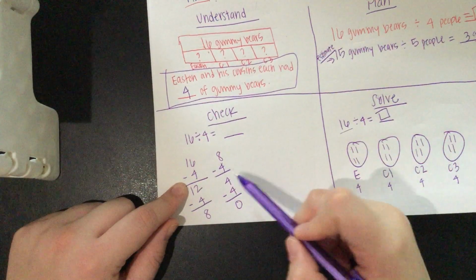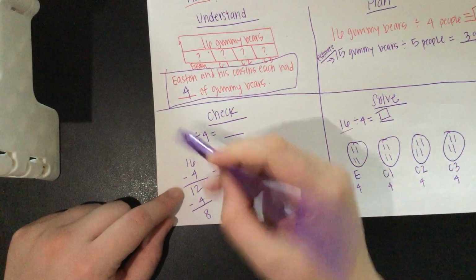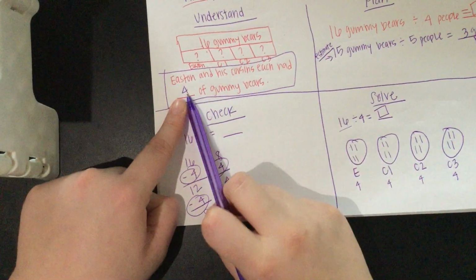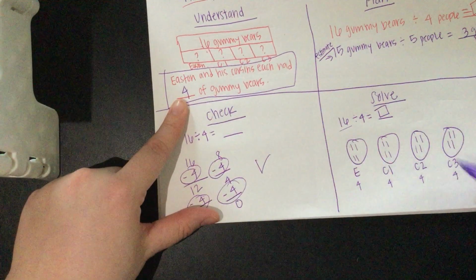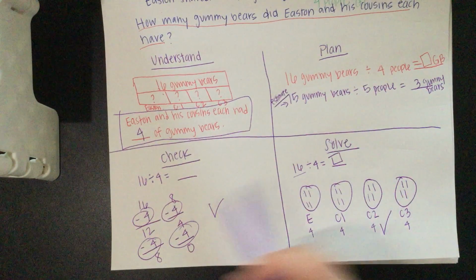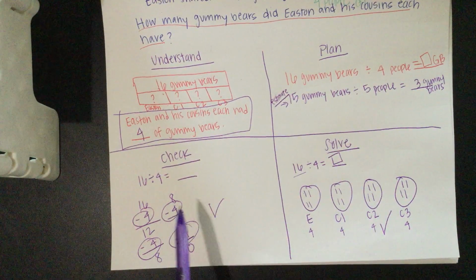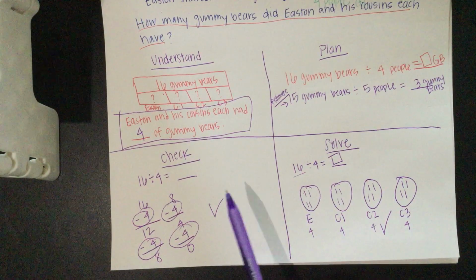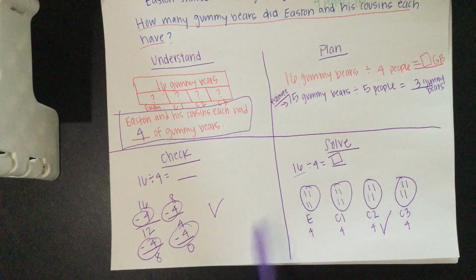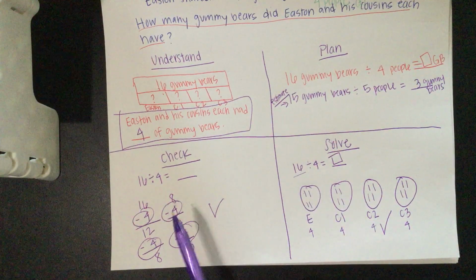How many times did I subtract 4? 1, 2, 3, 4. Those check out. You get the same answer when you check it as you do when you solved it, okay? So 16 divided by 4 equals 4.